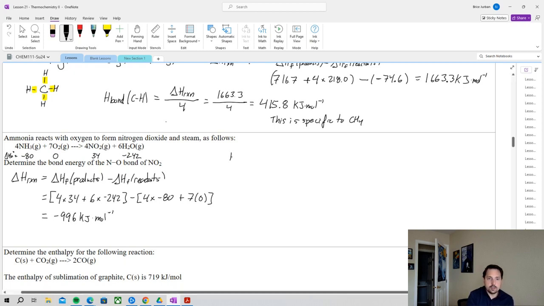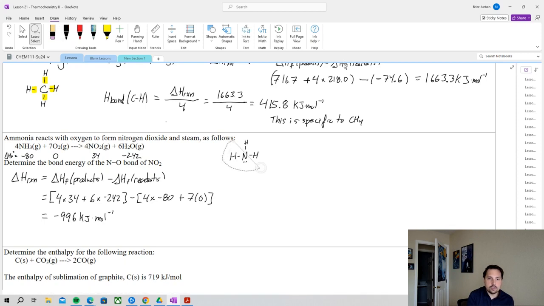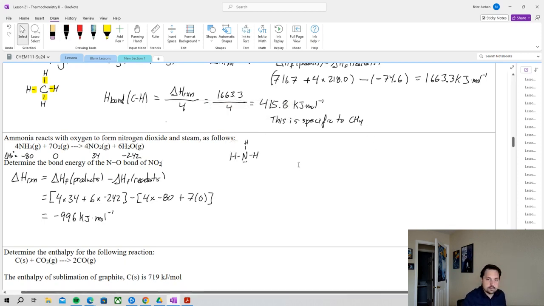So ammonia is NH3 like this. Now there are 4 of them, right? So if I wanted, I could draw 4 of these. I think that's going to be helpful for us to visualize what's going on here.